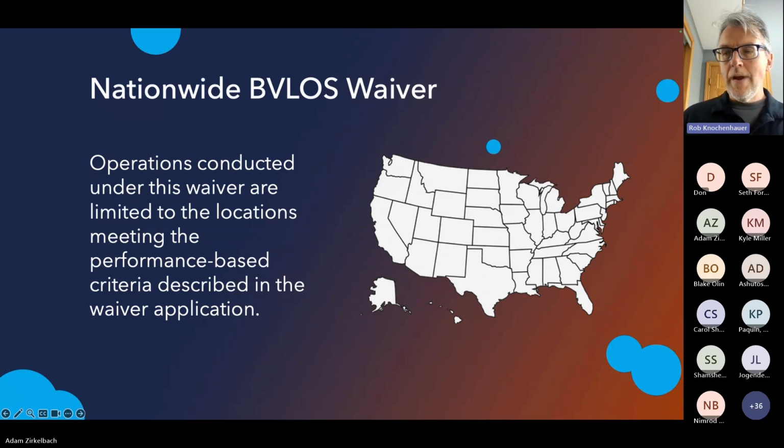It's a way that basically allows any operator to have a greater level of flexibility, because they have an approval already in place from the FAA that allows them to do operations. However, there is a responsibility that comes with that, where the operator that is granted this type of waiver has to maintain records showing that any area that they're conducting BVLOS operations at fits the criteria that is outlined in their approved waiver.